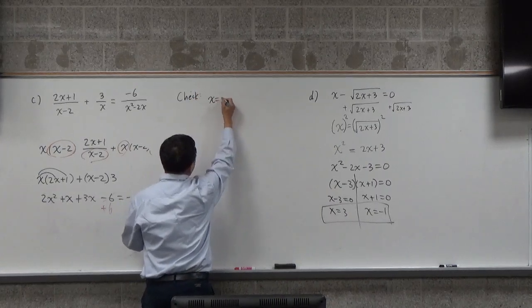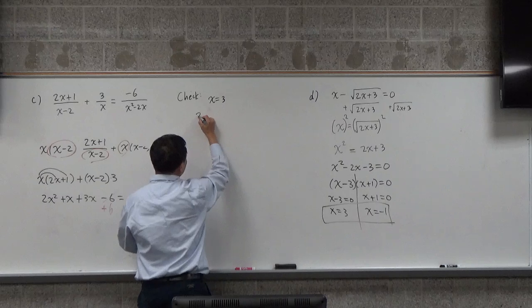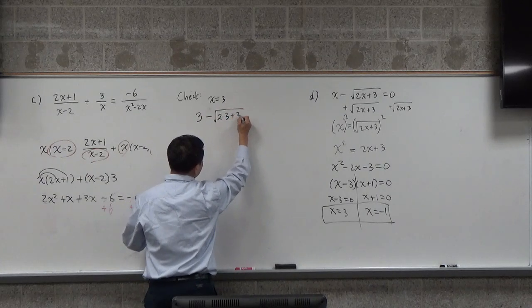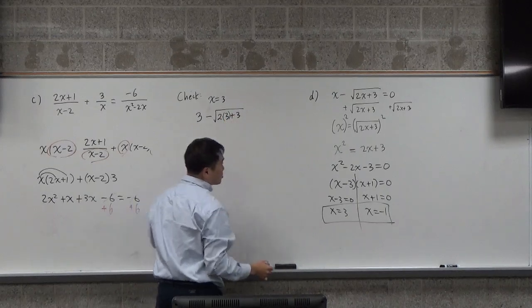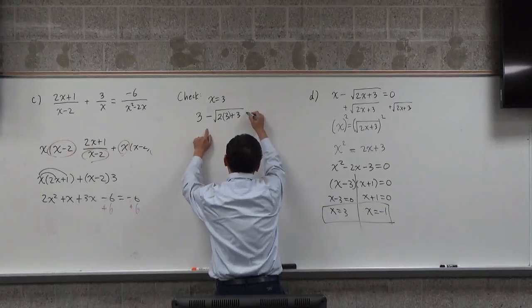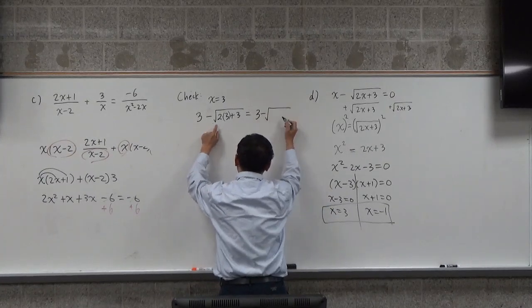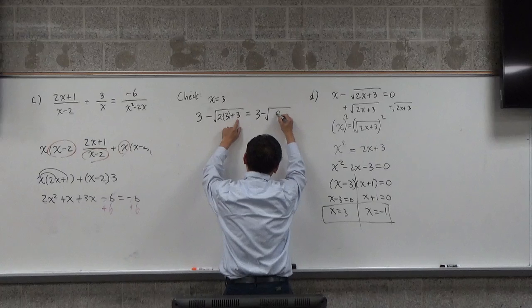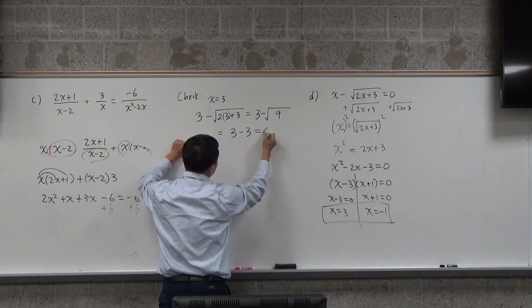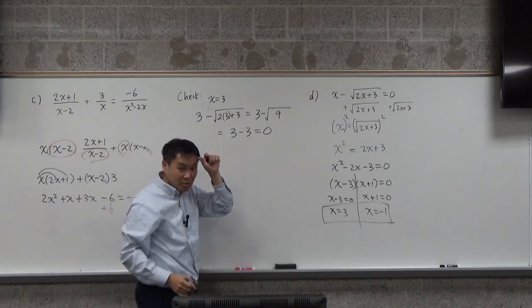If x is 3, and you plug it into the original one, you get 3 minus the square root of 2 times 3 plus 3. I'm just plugging in 3 into both of the x's, okay, which gives you 3 minus the square root of 2 times 3 is 6. 6 plus 3 is 9. And you get 3 minus 3, which is 0. Is that good? Is that good or bad?